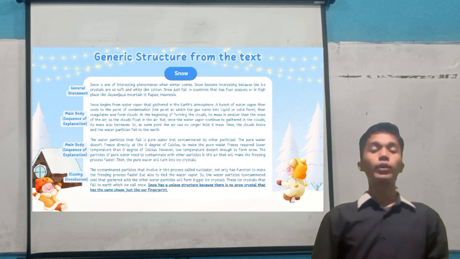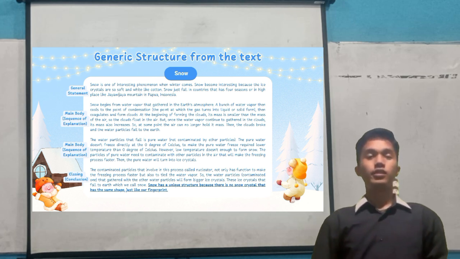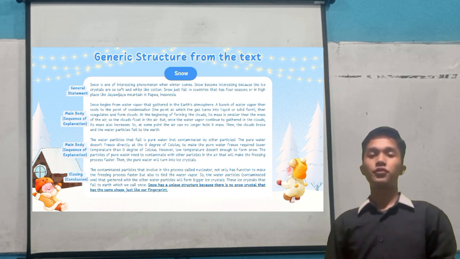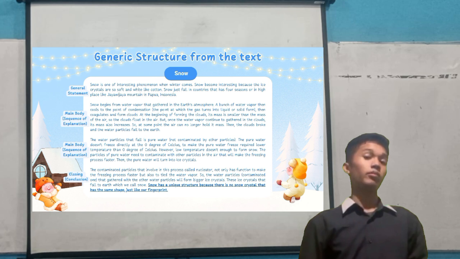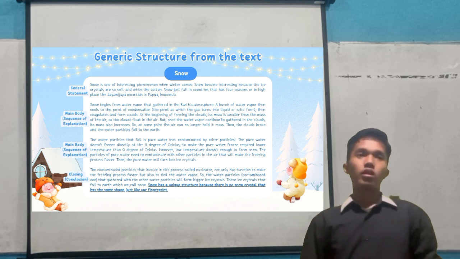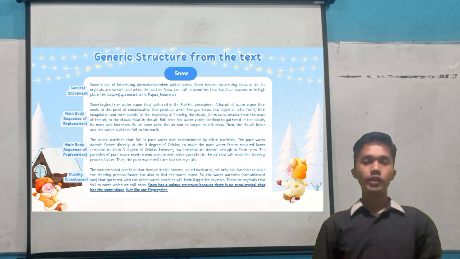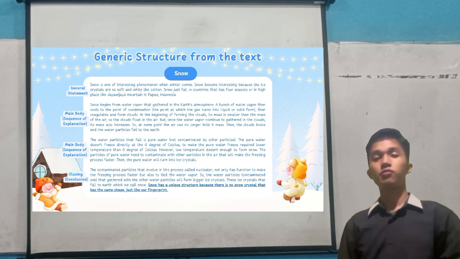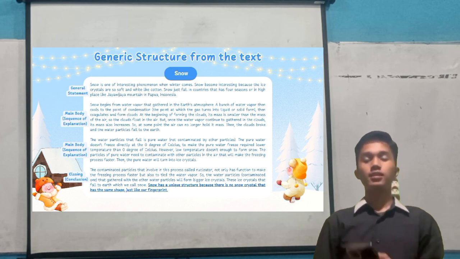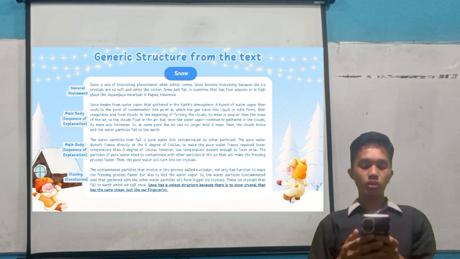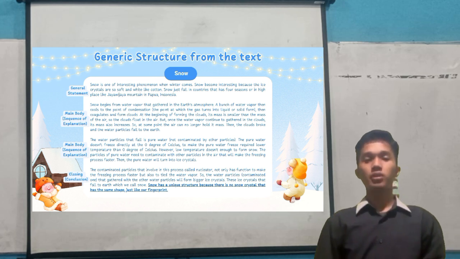Now we will analyze the generic structure of the explanation text above. The generic structure: 1 is the title. The title of this explanation text is Snow. 2. General statement.